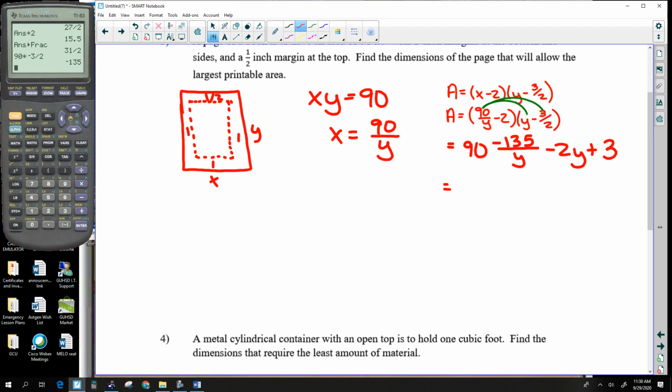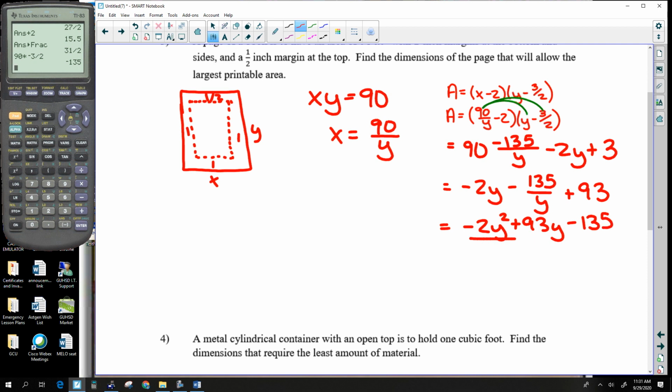All right, so this is negative 2y minus 135 over y, plus 93. Then multiplying everything by a common denominator of y, this would be negative 2y squared, and then I'll move the 93 in, so plus 93y minus 135, all over y. There it is. Now that makes sense. Okay.